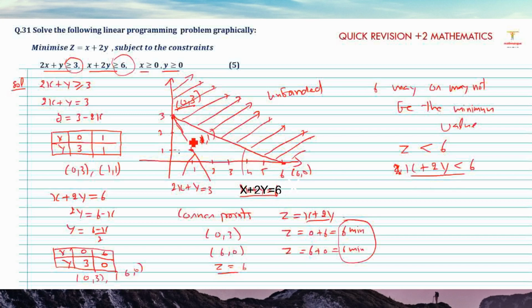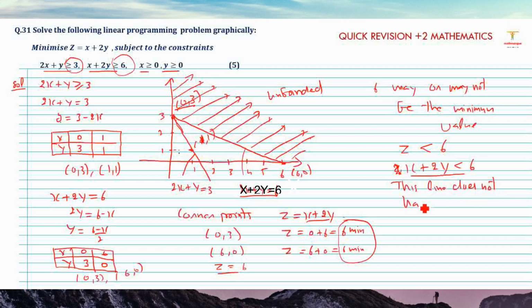Now this is the same line, but it means even if you take this line, again this is unbounded, this region does not have a common region. So this line does not have a common region.